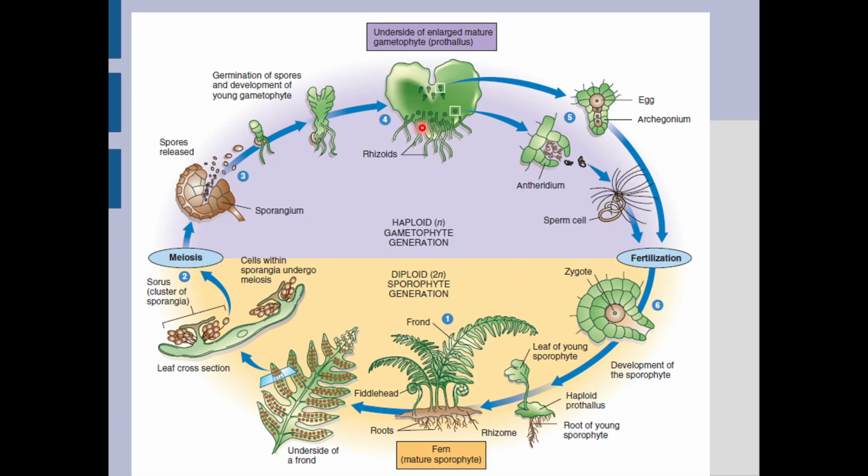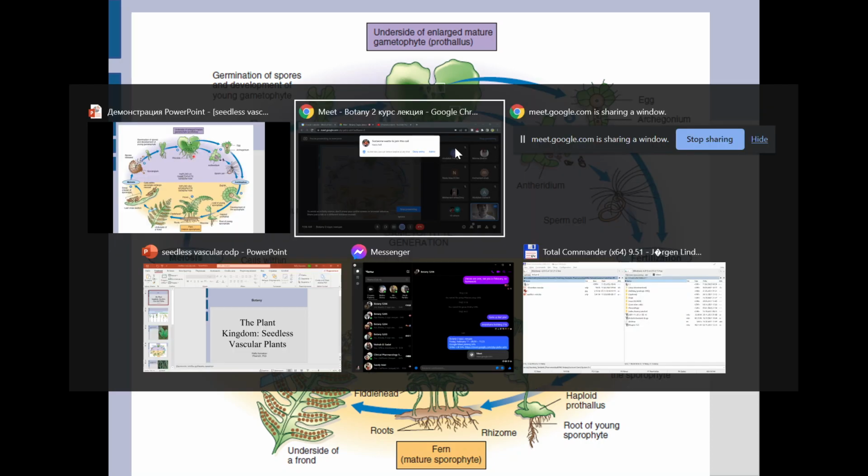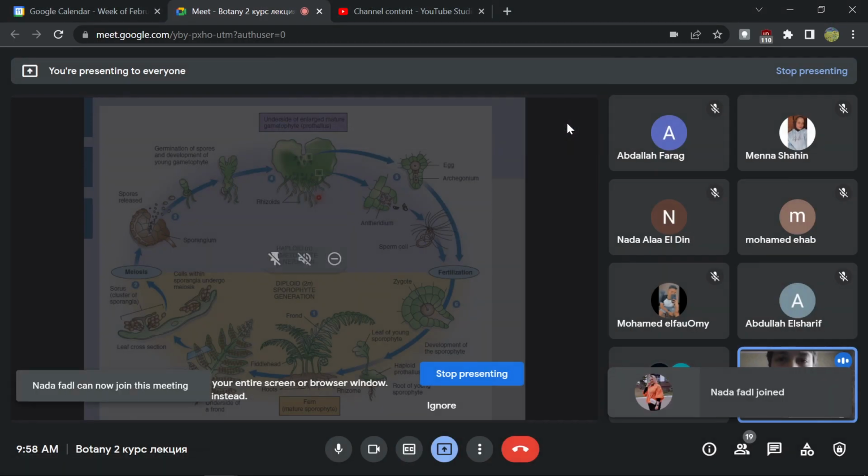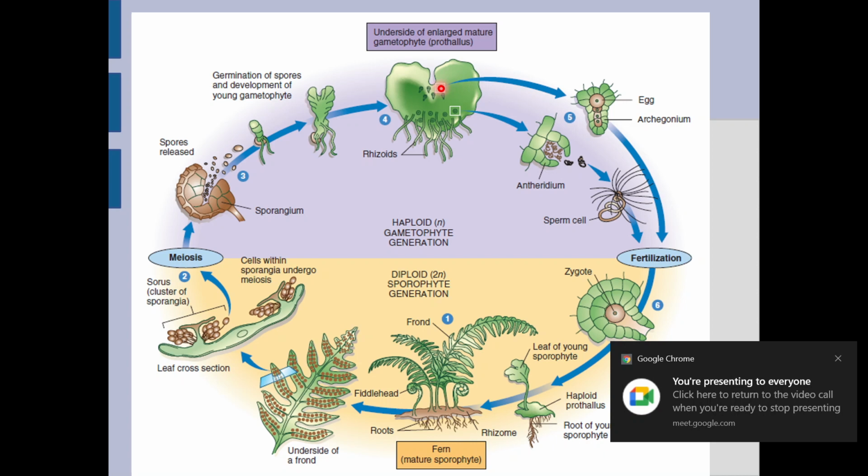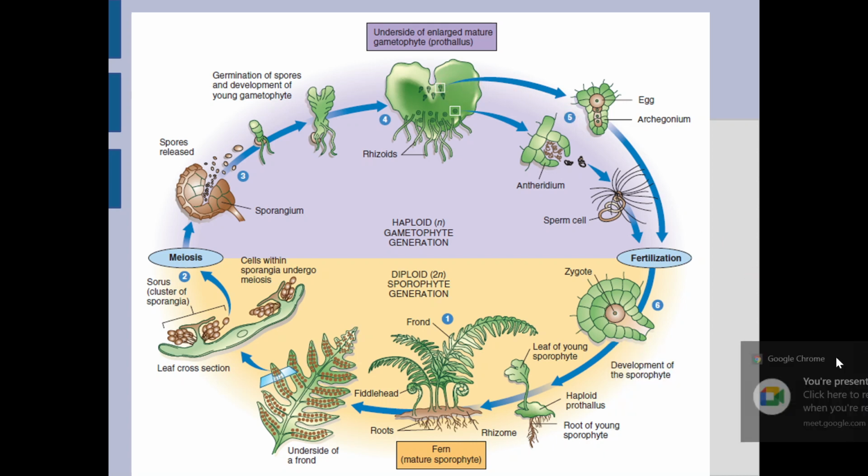The shape is a heart shape, and this prothallus has rhizoids to anchor to the soil, and produces archegonium and antheridium.